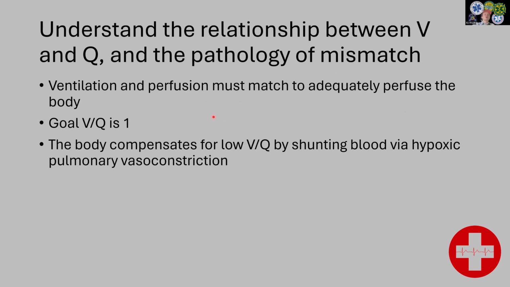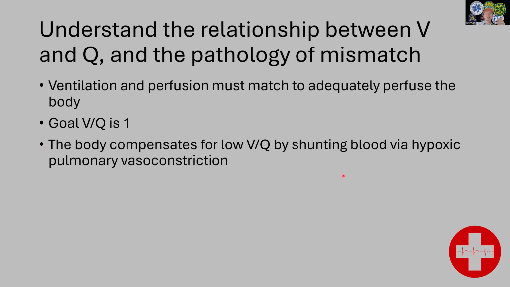All right. Understand the relationship between ventilation and perfusion and the pathology of mismatch. This is the bigger, more confusing part. So we need our V and Q to match to adequately perfuse the body. In theory, our V/Q would be 1, meaning that our V and our Q would be the same. And when we have a fraction like V/Q, where the top and the bottom are the same, that equals 1.